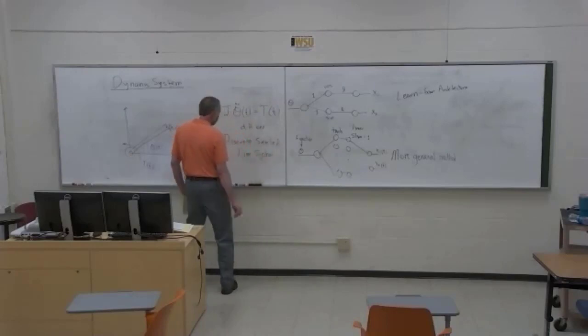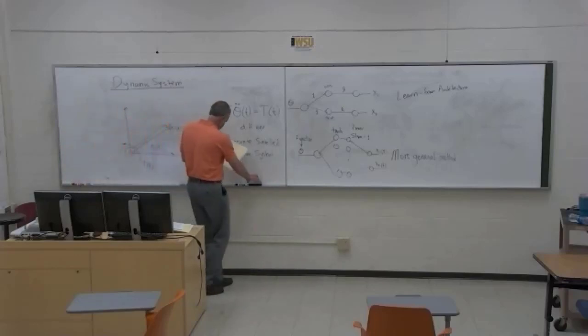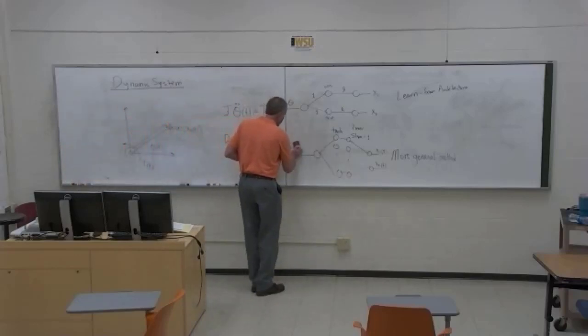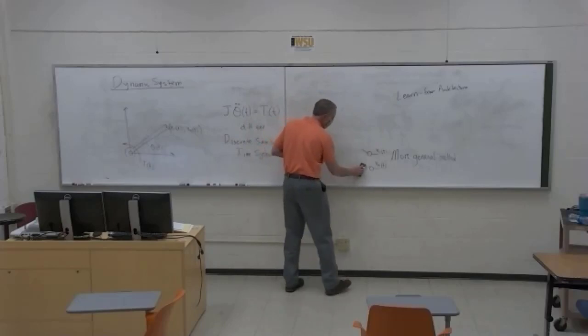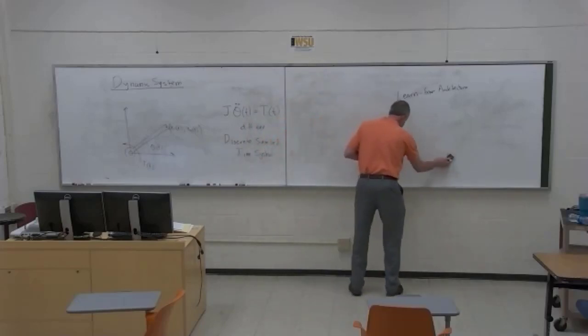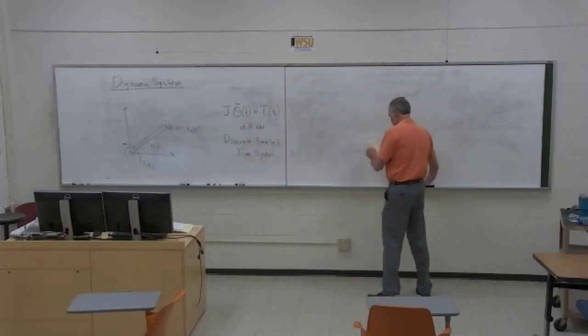It's an approximation, but it means you sample the function at various time steps, maybe like 0.1 seconds or 0.01 seconds. And in order to do that, we convert the differential equation from a continuous time differential equation to a discrete time sampled data system.